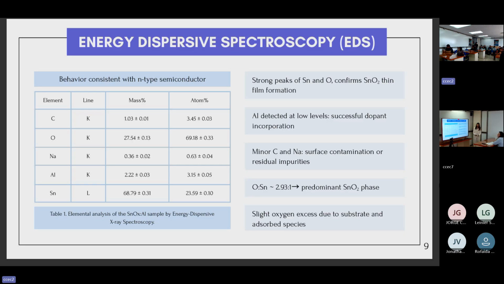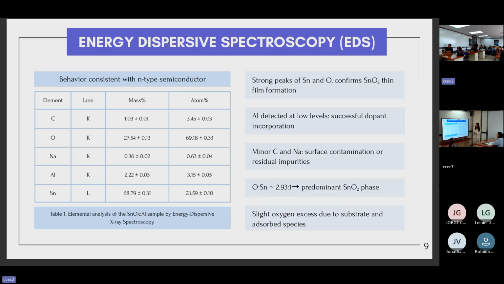In this case, we also see the energy dispersive spectroscopy. The strong peaks of the tin and the oxygen confirm the tin oxide nanostructures. Also, we know that in our structure it has oxygen, aluminum, and also tin.